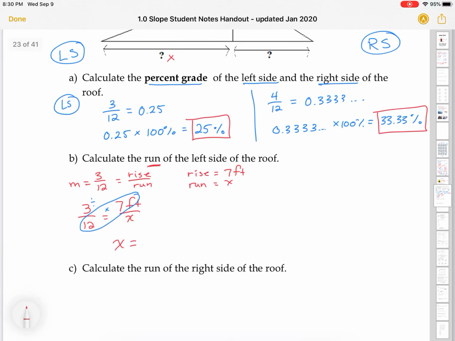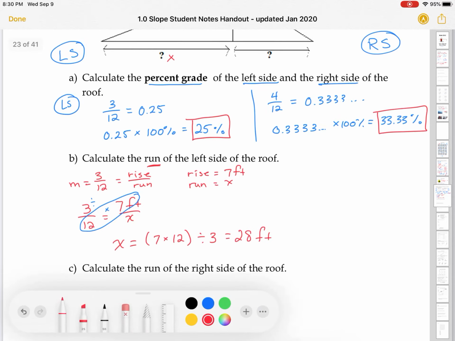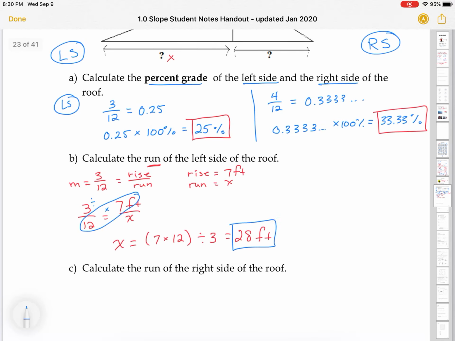So what that tells me is X will equal 7 times 12 divided by 3. 7 times 12 is 84, divided by 3 is 28. And it's going to be in feet because the units will have to be the same. So for this answer, I get 28. Okay, so it's really just using that cross multiplying and dividing to kind of solve for those things.